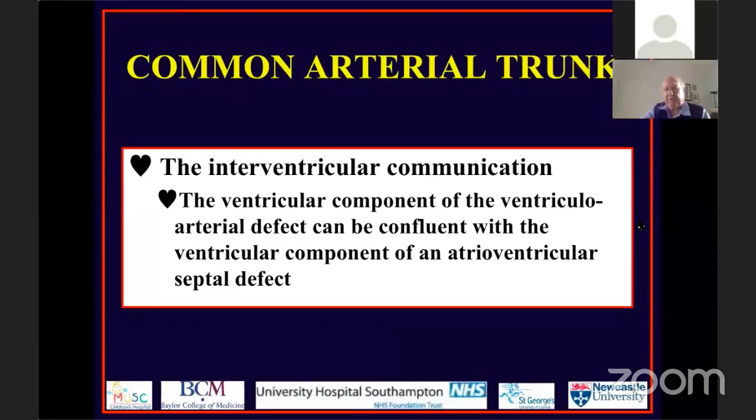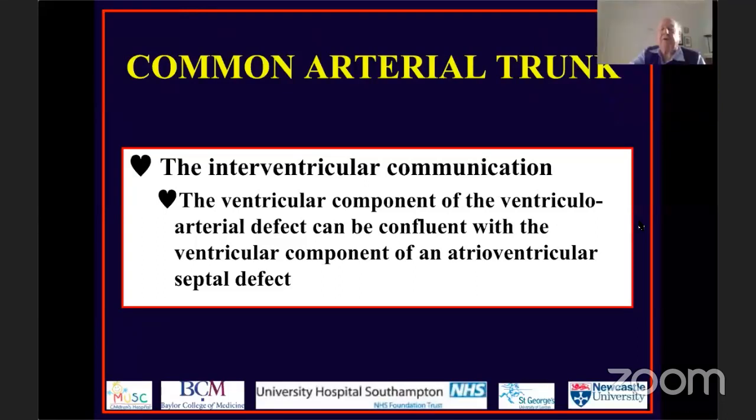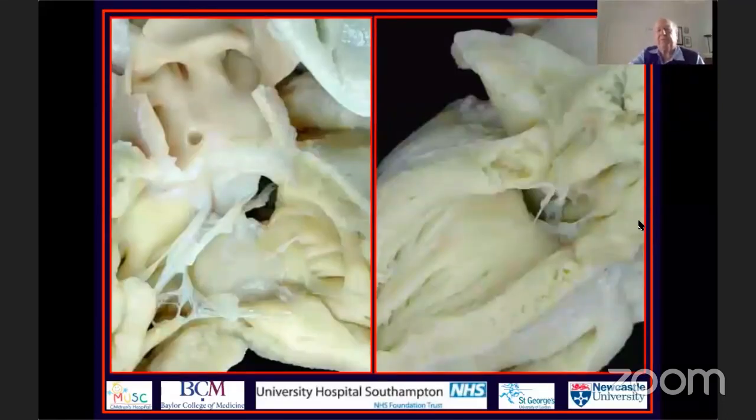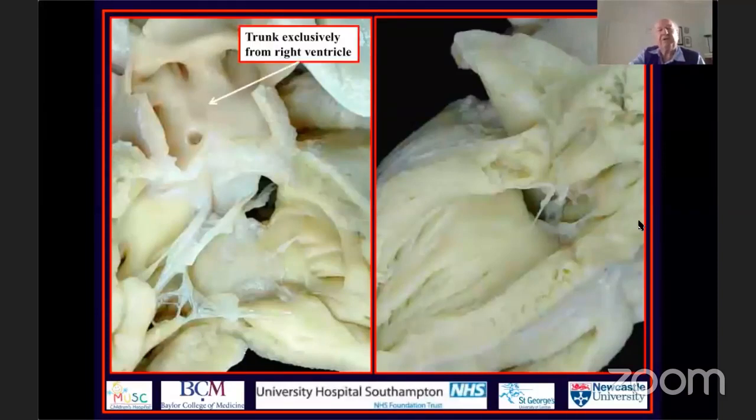Now, you will then not be surprised to know that on occasion, this ventricular component of the ventriculo-arterial defect can be confluent with the ventricular component of an atrioventricular septal defect. And here is such a heart. You see that there is common arterial trunk, and you see that the trunk is arising exclusively from the right ventricle. So now we have a confluent defect which includes part of an atrioventricular septal defect.